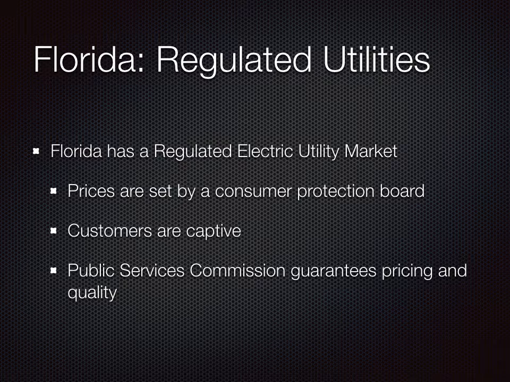This means that there is a set price that a utility can charge, and they also have to provide high quality power, meaning it is on a certain percentage of the time, which is very close to 100. That is measured in something called CMIs, Consumer Minutes Interrupted, and they guarantee pricing.